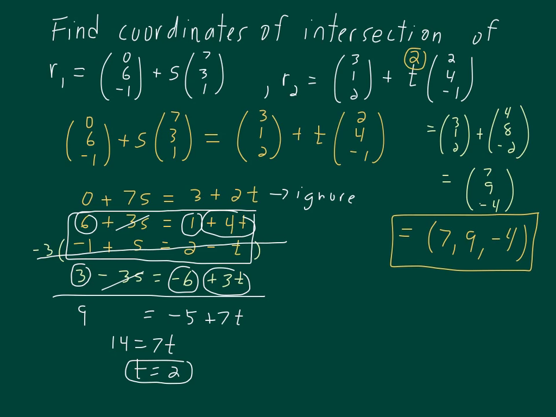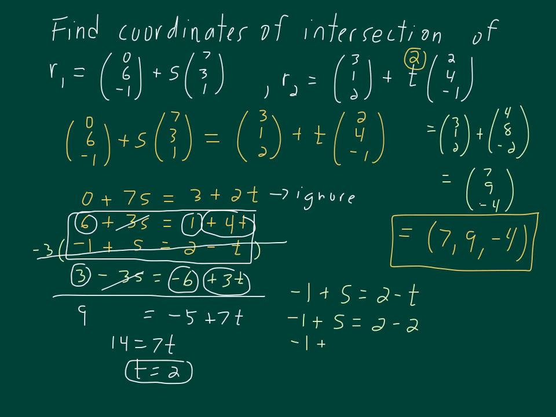Now, if these lines were skew, meaning one is on top of the other, and a question said determine if there is an intersection point, you would have to find your s. So let's go back to these two equations that we used. I'm going to take the one that just has a plain s in it and substitute in the 2 that I found for t.